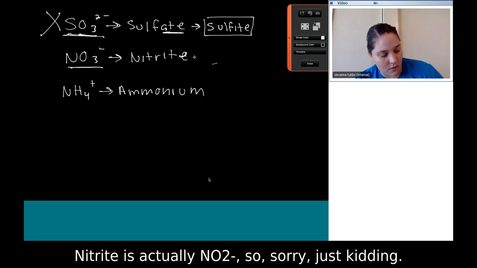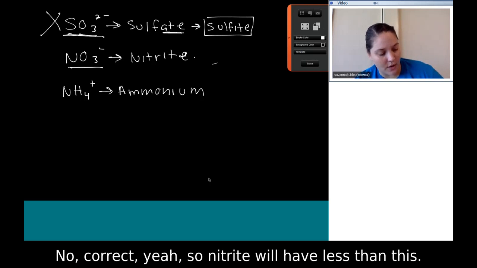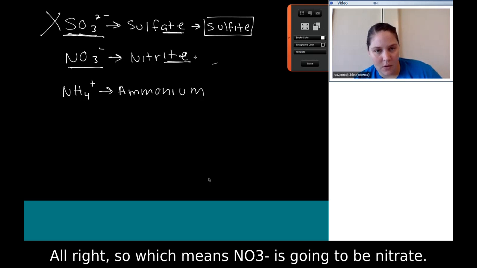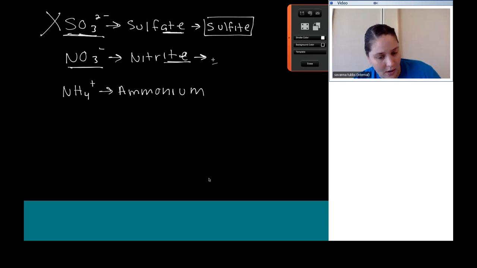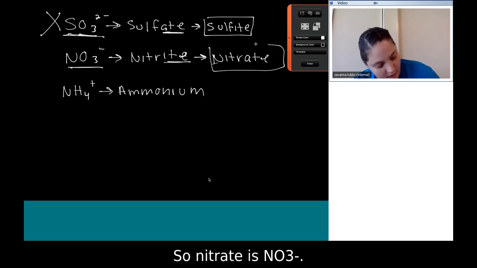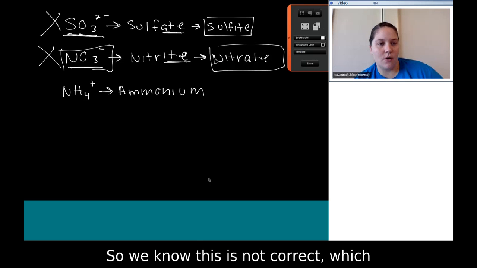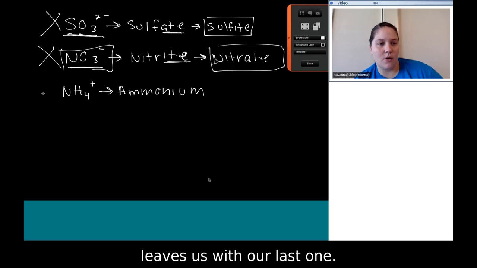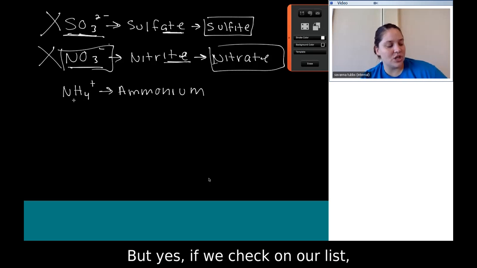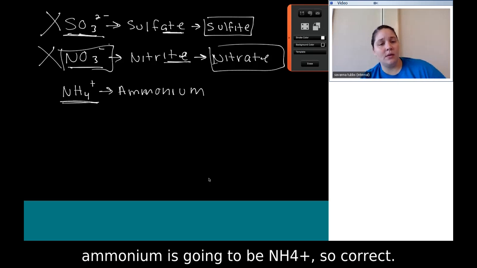So nitrite will have fewer oxygens than this, which means NO3- is going to be nitrate. Nitrate is NO3-, nitrite is NO2-. So we know this is not correct, which leaves us with our last one. If we check our list, ammonium is NH4+, so that one is correct.